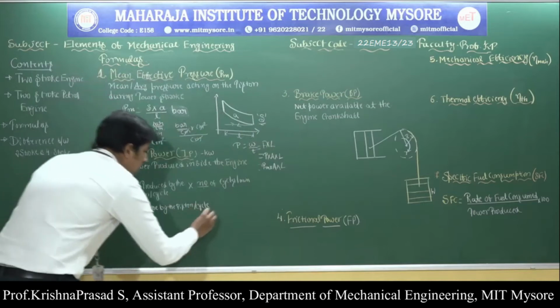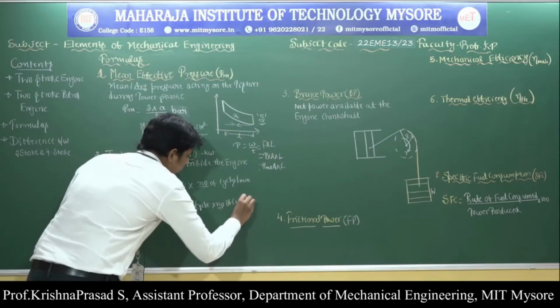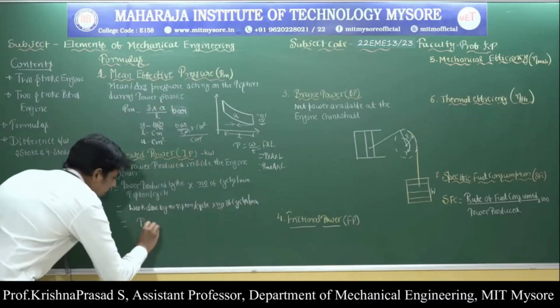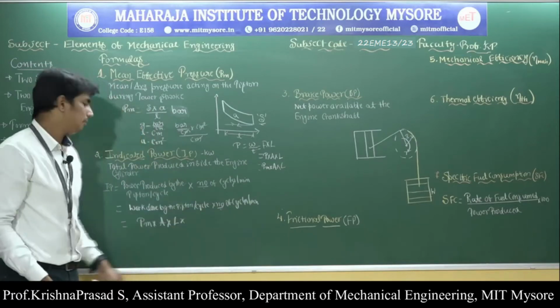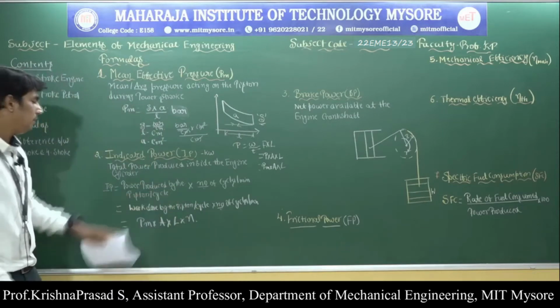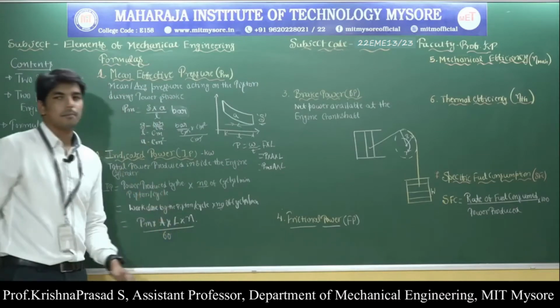So here work produced by the piston, I will directly take as PM into A into L, and the number of cycles per minute I will take as small n, and per minute we are considering, that is 60.